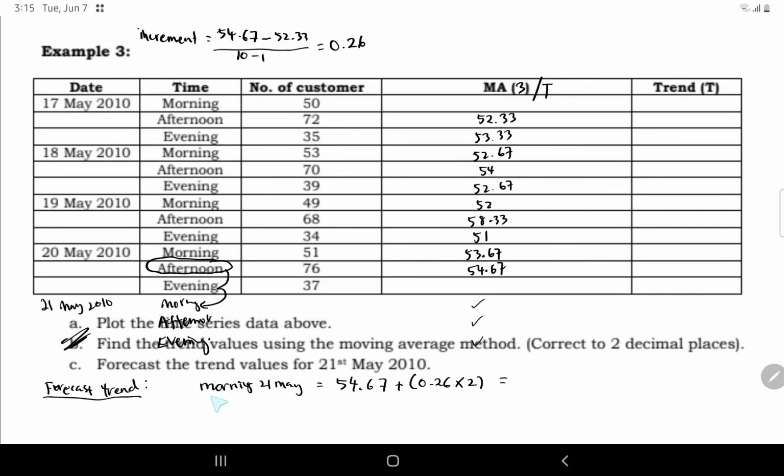Untuk afternoon 21 Mei, okay, N dia akan lain. So N dia akan jadi 3 lah. 1, 2, 3. For evening 21 Mei, akan darab 4 lah. Okay, so kita kira satu persatu.